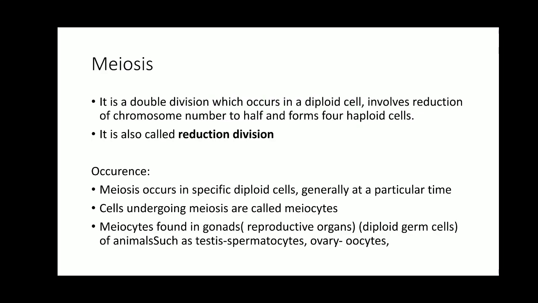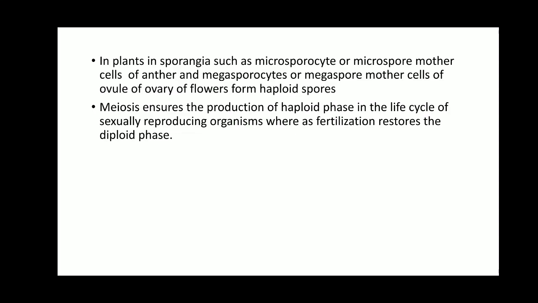And meiocytes found in the female reproductive organ, the ovary, are oocytes. These oocytes once again undergo meiosis, a process known as oogenesis, and it produces an ovum or egg. That is in the case of animal cells.